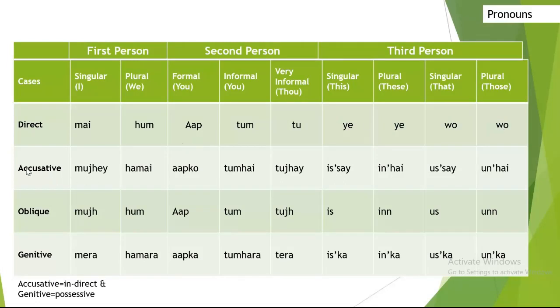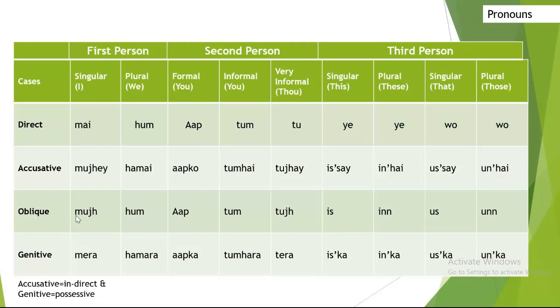Now the second case, accusative: मुझे, हमें, आपको, तुम्हें, तुझे, इससे, इन्हें, उससे, उन्हें.